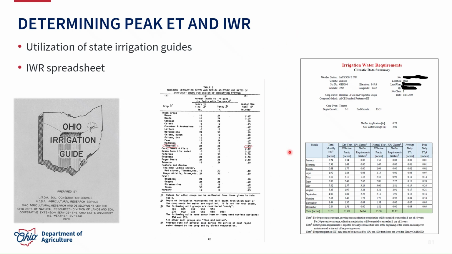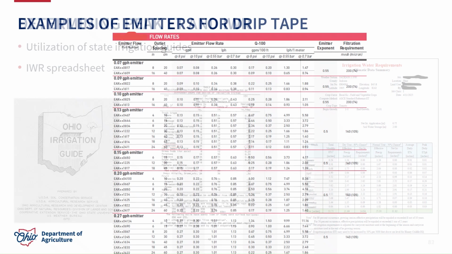Or, recently developed is the irrigation water requirement spreadsheet, which is able to look by county across the state and does the same thing. It takes into account what crop we're trying to irrigate, the growing season, and estimates your peak daily ET required for the crops.